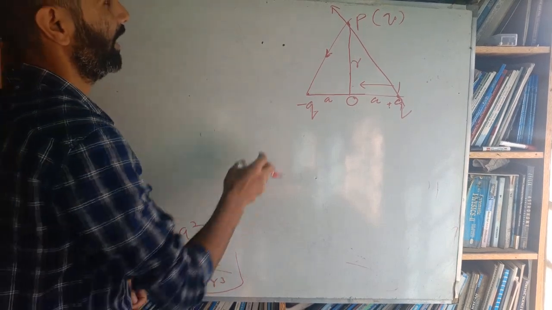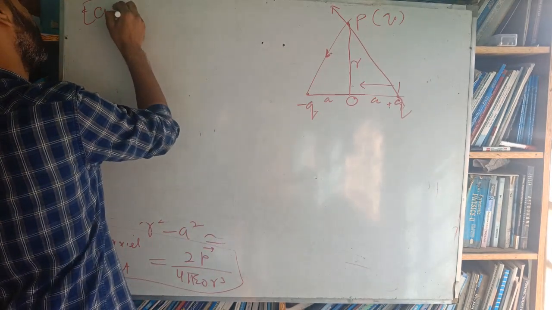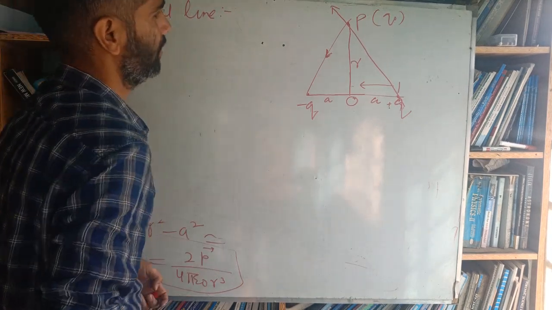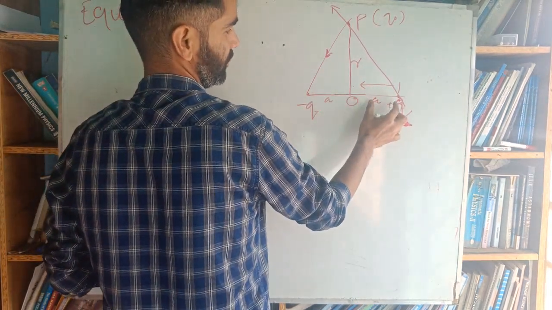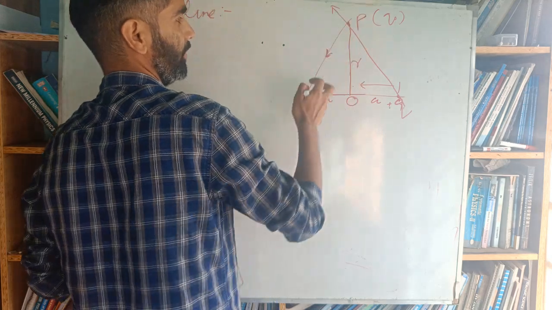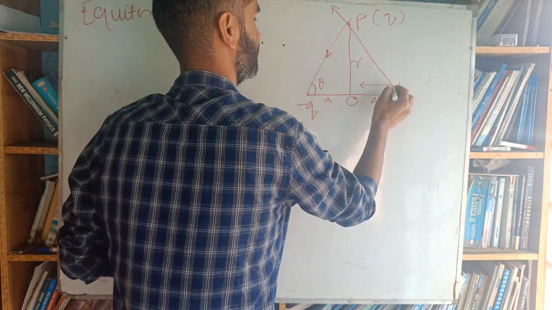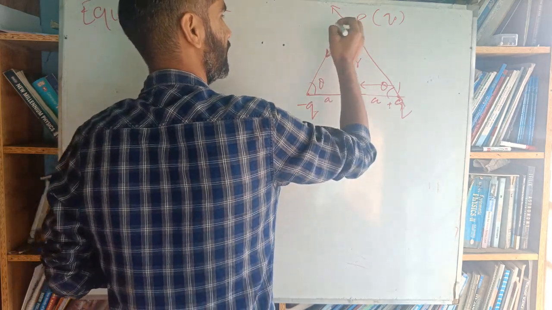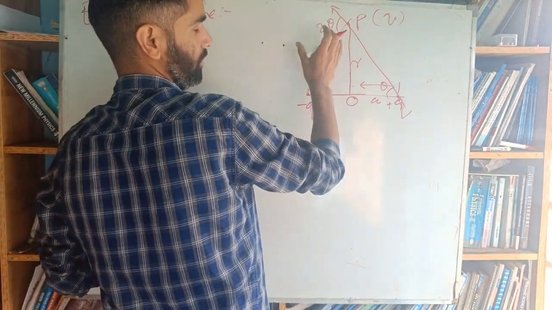So I want to know the electric field intensity at point P, that is on the equatorial line. So I know this distance is a. I have this distance as r, that is r distance from the point P. So from this right triangle, if this angle is theta, and this angle is also theta, then this angle will be 2 theta, because this is an exterior angle of this triangle.